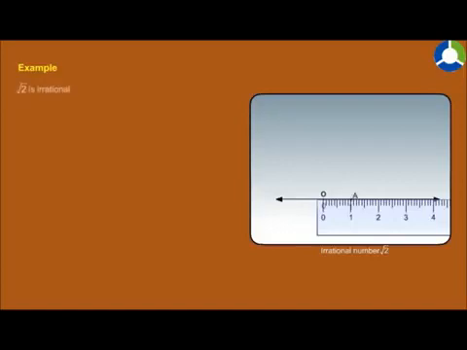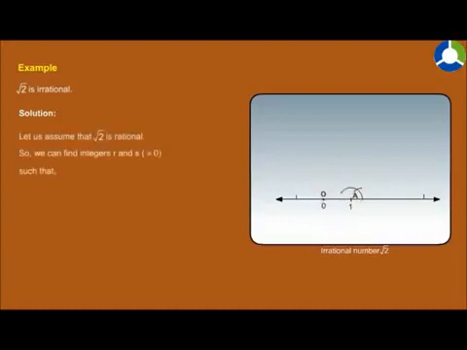Example: √2 is irrational. Solution: Let us assume that √2 is rational. So, we can find integers r and s, with s not equal to 0, such that √2 = r/s.